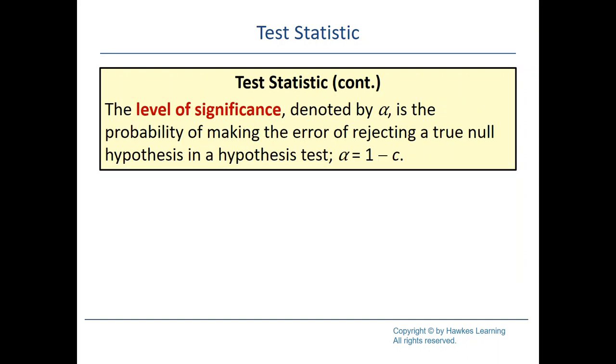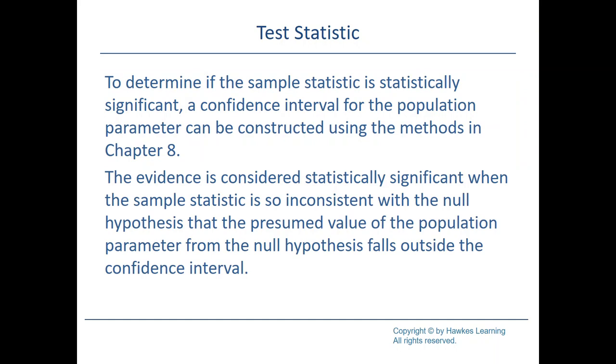Now, the level of significance, we've actually looked at this. I just haven't given its name yet. The level of significance is denoted by what we call alpha. Alpha is the probability of making an error of rejecting a true null hypothesis. Okay, now again, we've looked at this, so this is not new. Alpha is 1 minus the confidence level.